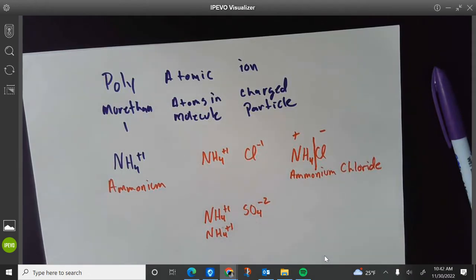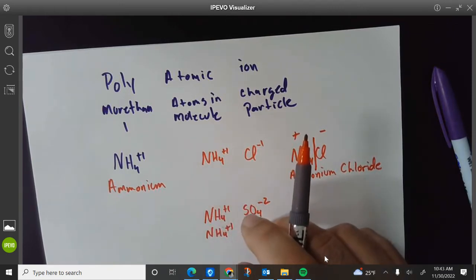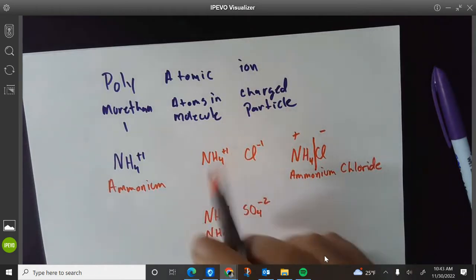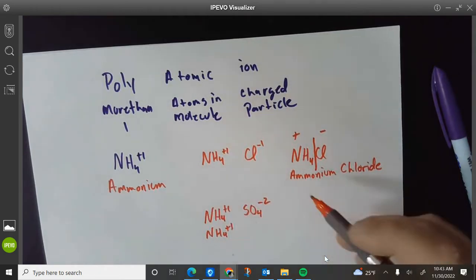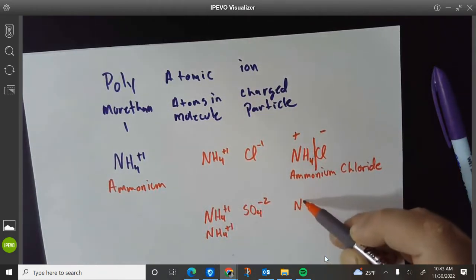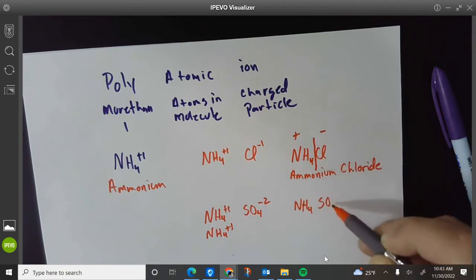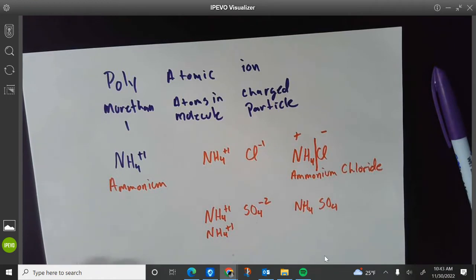It takes the whole form to have that charge. I can't separate it. I can't rearrange it. This is not going to become N2H8. It never does that. And I'll show you how it should look in just a second. Do I have more positive or negative now? They're the same. So since they're the same, I have ammonium and I have sulfate. But how many sulfates did I use?